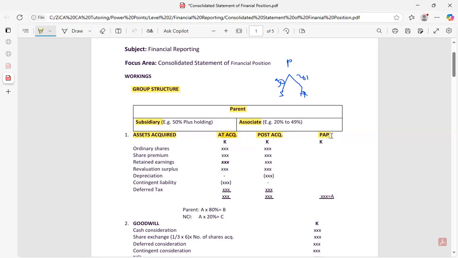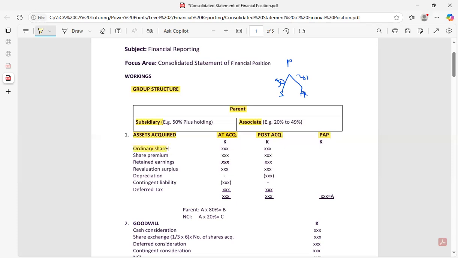In the question, which we'll go through tomorrow, you'll be given the value of the ordinary shares, the share premium, retained earnings, revaluation surplus, and then contingent liability or even deferred tax.